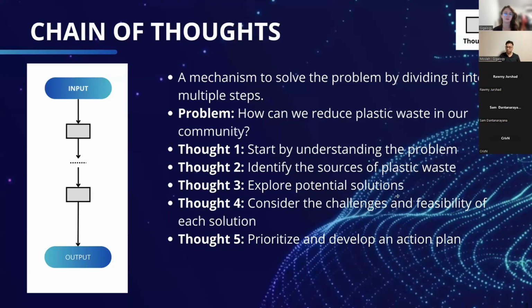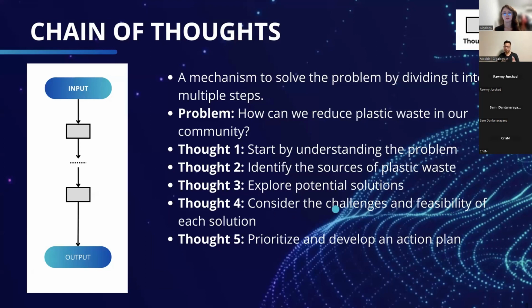Then explore potential solutions. Once you understand the problem and know the sources, you can start exploring some potential solutions for it. And once you have a couple of solutions, let's consider the challenges and feasibility of each of these solutions. And then finally, prioritize and develop an action plan.